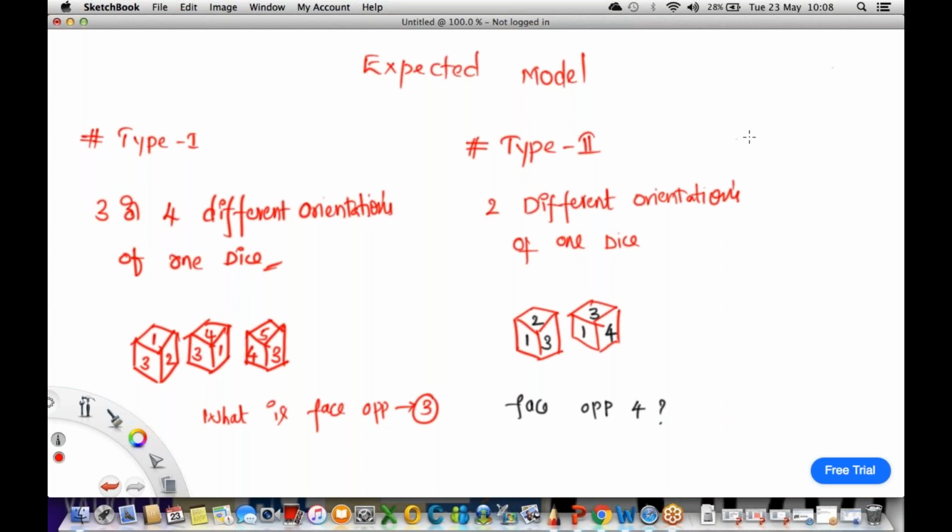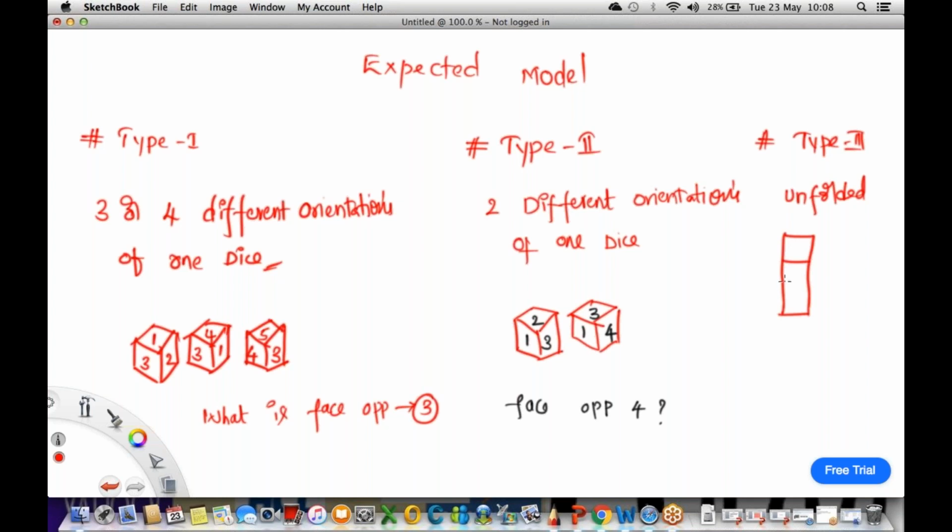Or any other kind of model you can expect. The last type you will be finding is type 3, where you will be finding the questions of dice in an unfolded pattern. So an unfolded paper will be given to you, and you have to fold it as a dice, and after folding it as a dice you have to find out the opposite one. That means you might be having the question like this.